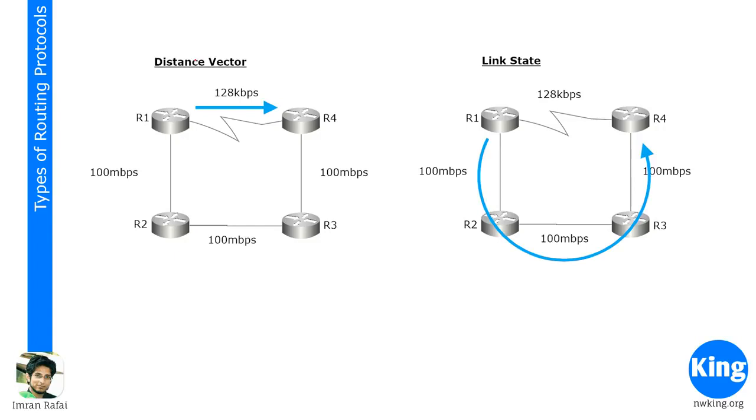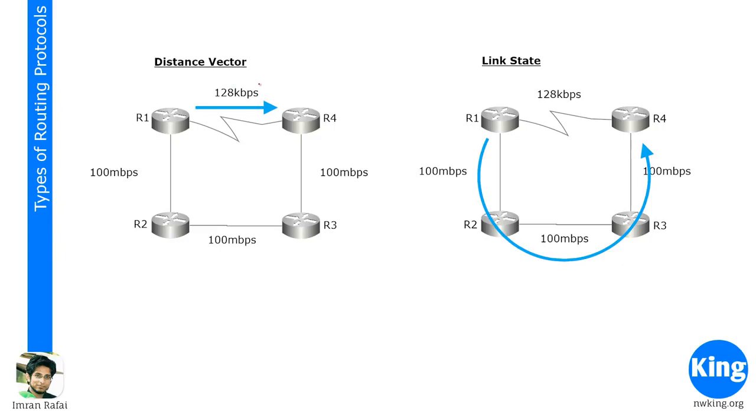It doesn't matter whether that is the slowest connection. In this case, the path between R1 and R4 is a very slow 128 kbps connection, whereas the path through R2, R3 is 100 Mbps, 100 Mbps, 100 Mbps. It's way faster than the 128 kbps.